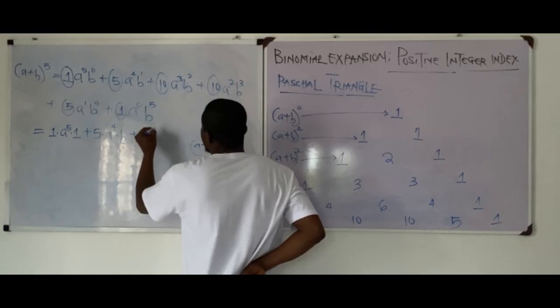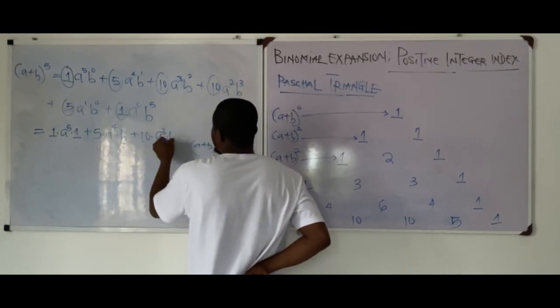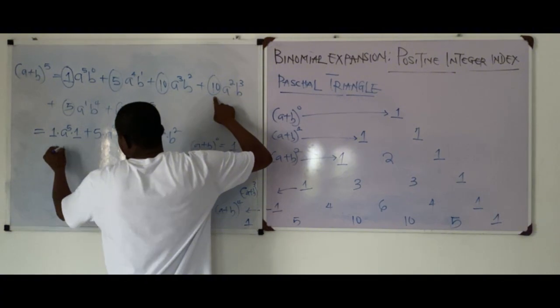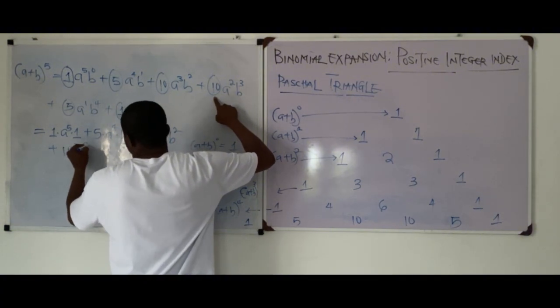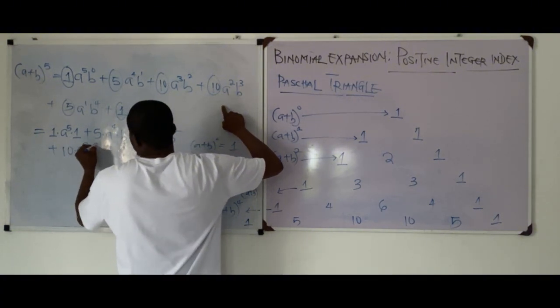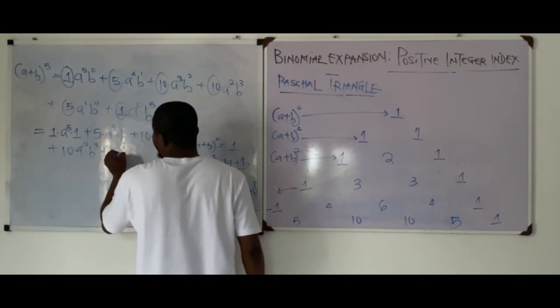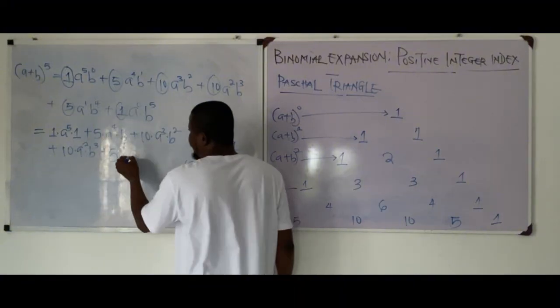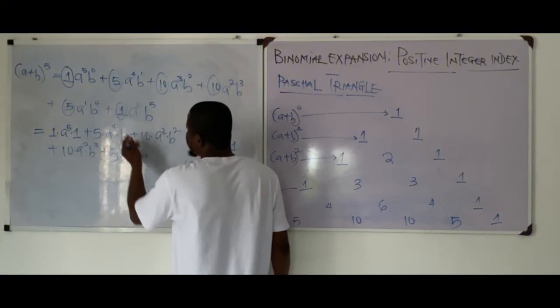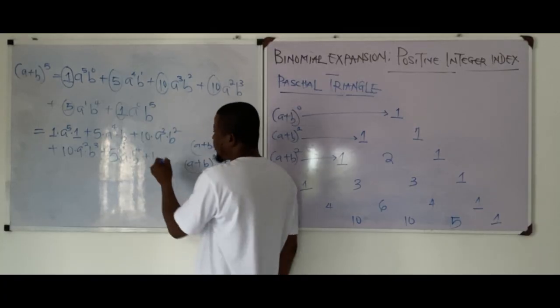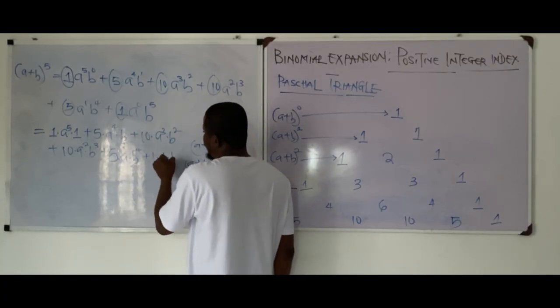Plus 10 times a to power 3, b to power 2, plus this one, this is 10 times a to power 2, b to power 3, plus 5 times a to power 1 is a, b to power 4, plus this is 1 times a to power 0 is 1, b to power 5.